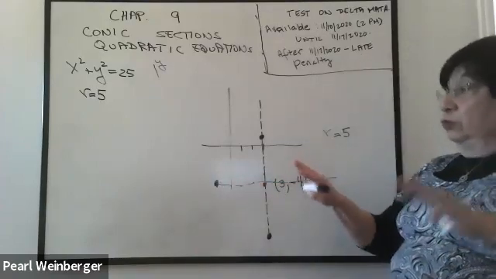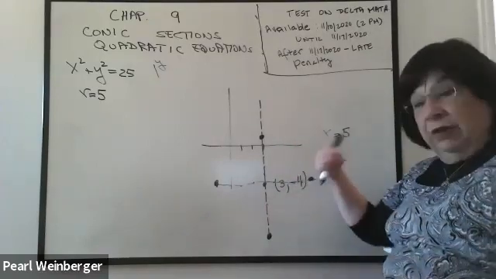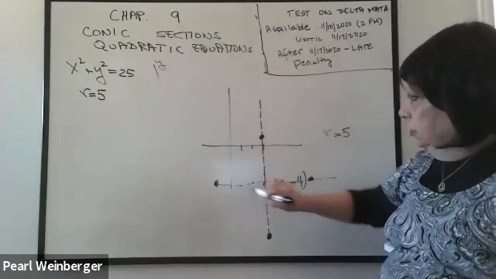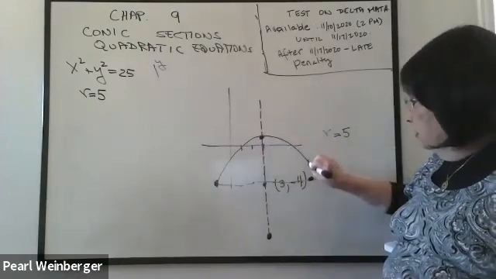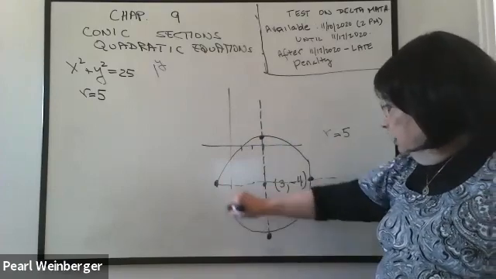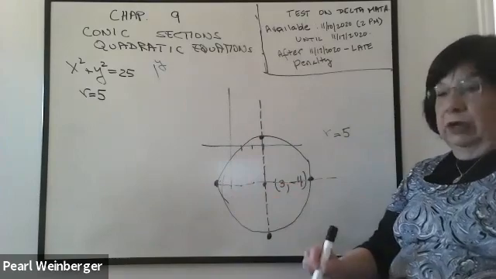So to draw it, I know my radius is 5, so I go 5 in all four directions. And then I don't make straight lines. It has to be like a circle. Here's my circle. Here's what that circle would look like.